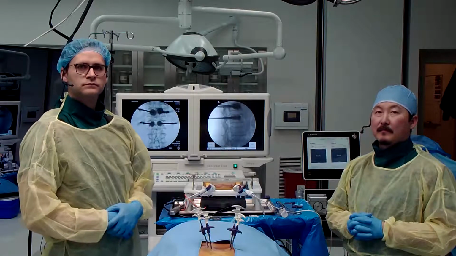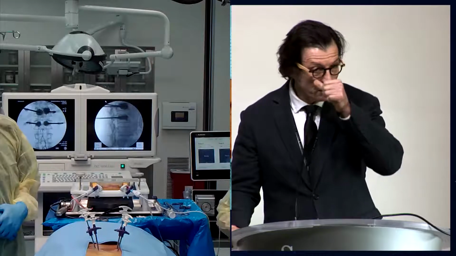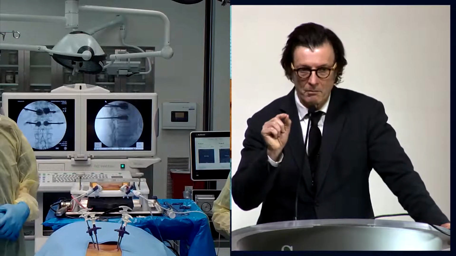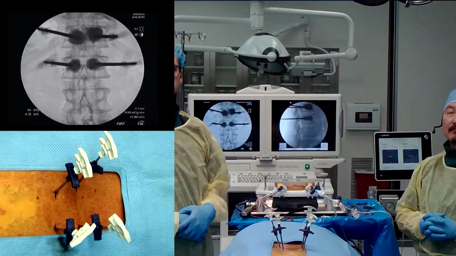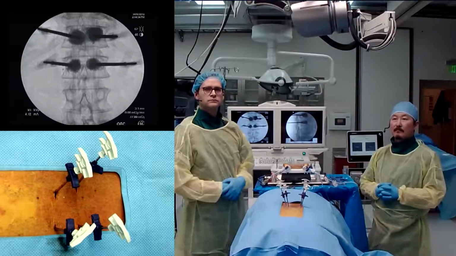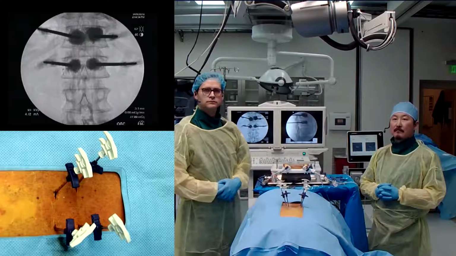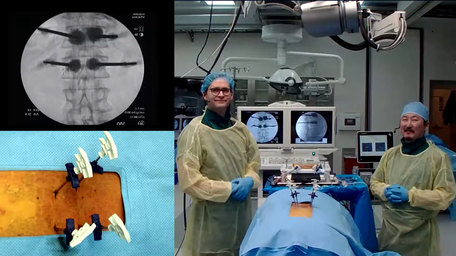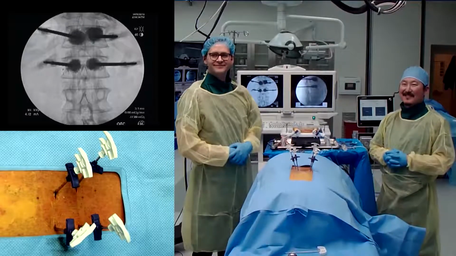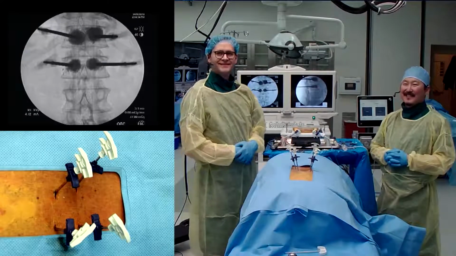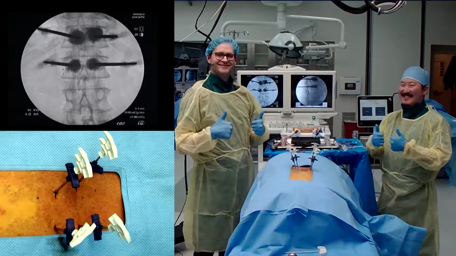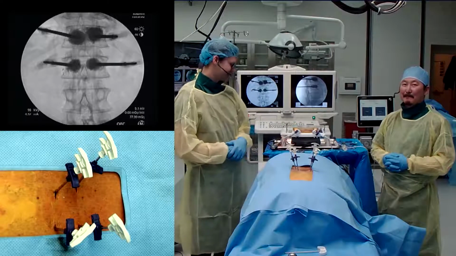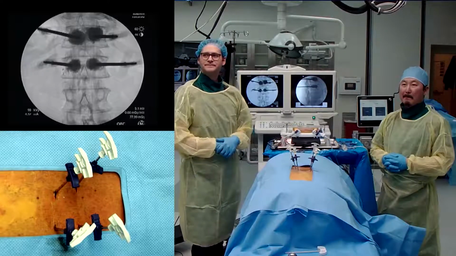As you are introducing and advancing that needle, always make sure that the tip of the needle does not traverse the medial wall of that pedicle until you are in the vertebral body. Once you're in the vertebral body, you can medialize the needle, you can do whatever you want, but you cannot keep advancing the needle once you reach that medial wall unless you're already in the vertebral body.